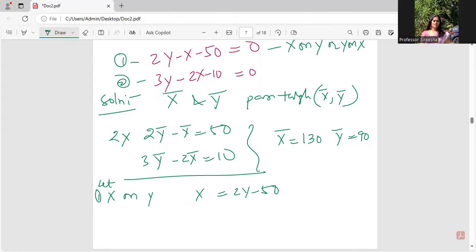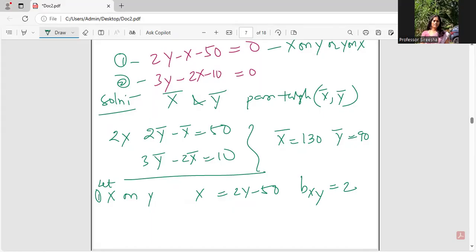So what is byx? No, bxy only it is. What is bxy? It is 2, right? Come to the second equation, let it be y on x. So I'll just rewrite: 3y is equal to 2x plus 10, so y equals 2 by 3 x plus 10 by 3.